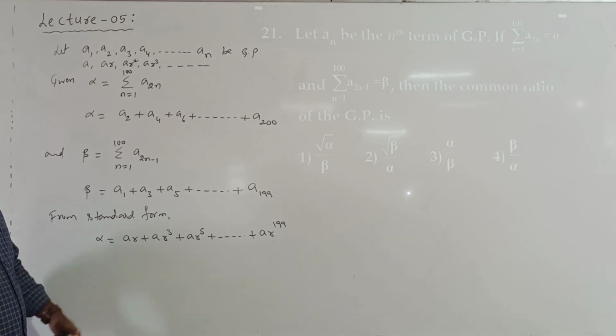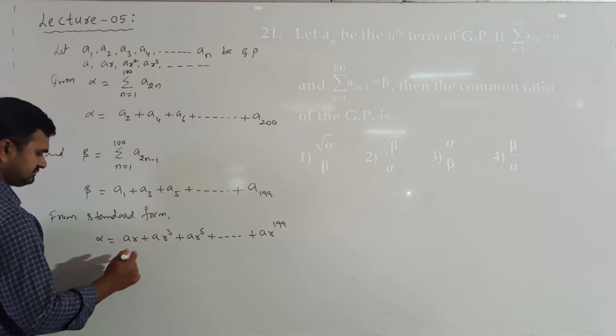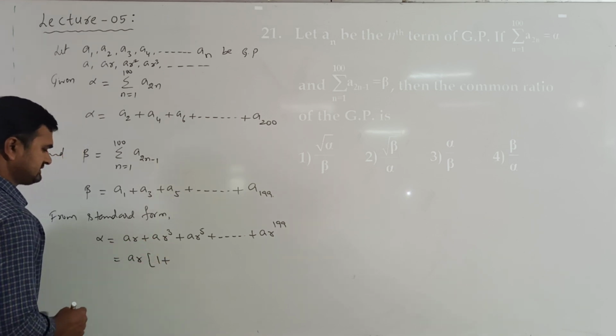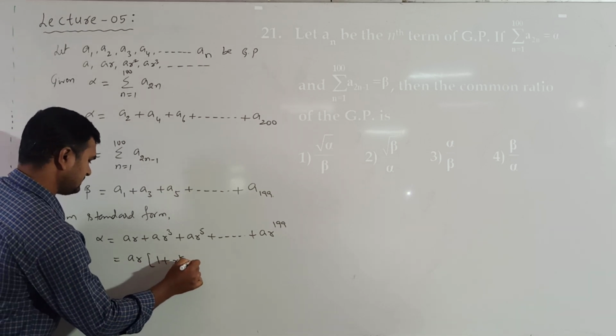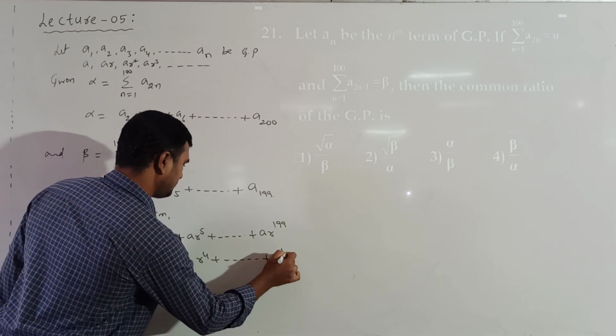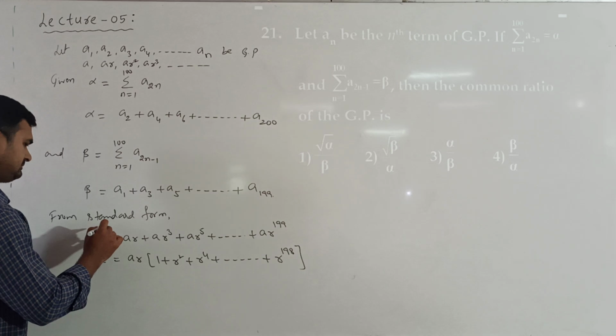So this is alpha. Now what we can take common is ar. We can take ar common, leaving 1 plus r square, r power 4, up to r power 198. This is the alpha value.